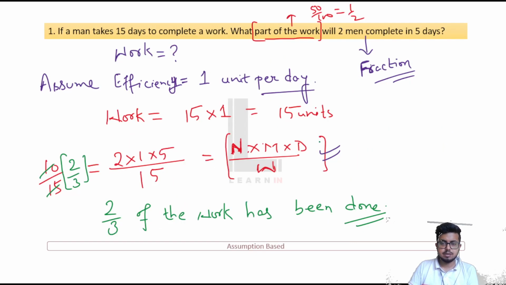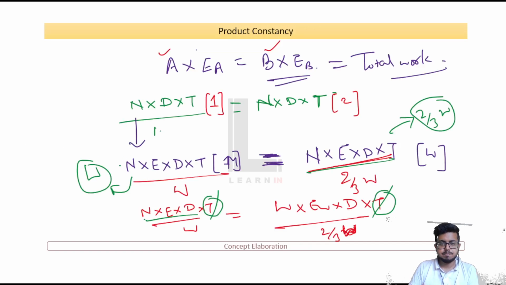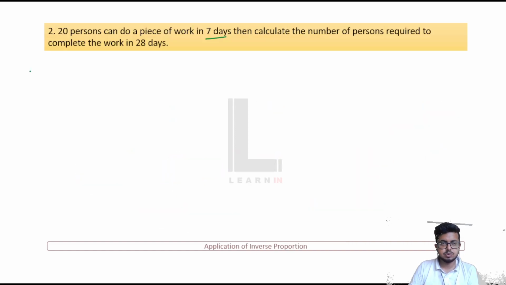We had applied this formula here, but let us apply product constancy. Now 20 and 7 days. So we have seen the formula here. Number of men is 20 and we have the number of days, so we would apply these only. 20 into 7.